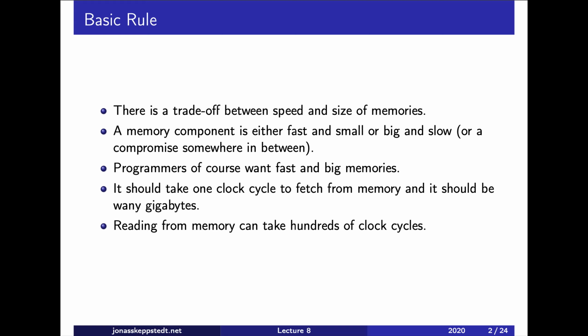Okay, that will be nice, but that's not possible, at least not affordable. So what is needed is some kind of trick to make this work. Reading from normal raw memories can take hundreds of clock cycles.